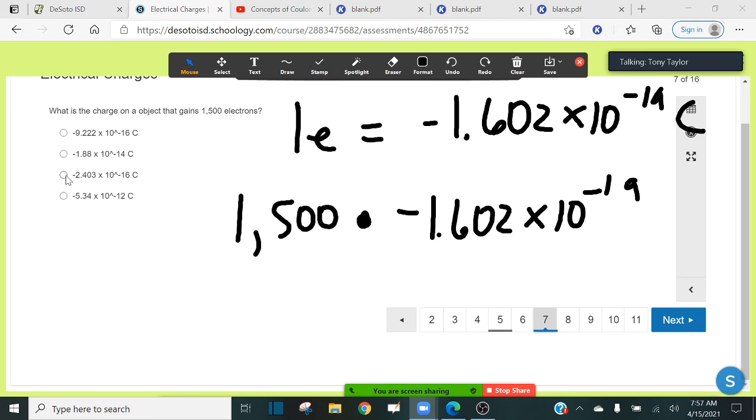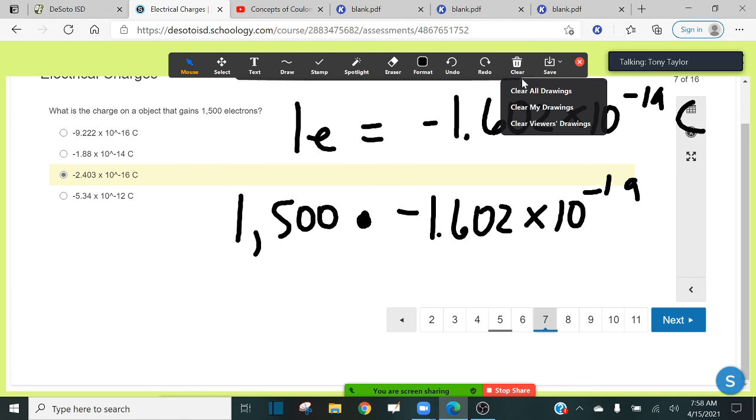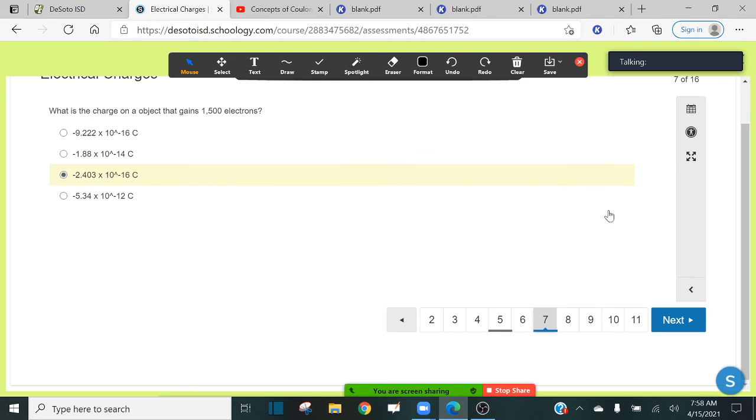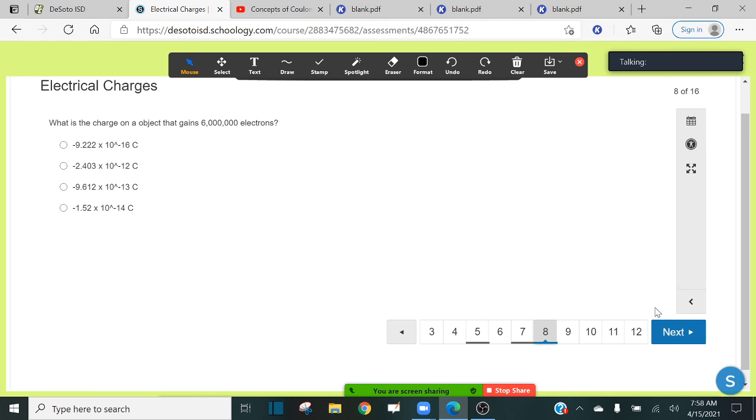So 1,500 electrons has that charge. And again, it's a negative charge since we deal with electrons. If this question had said protons, the charge would be positive. Any questions here? Okay, now y'all should be able to do the rest.